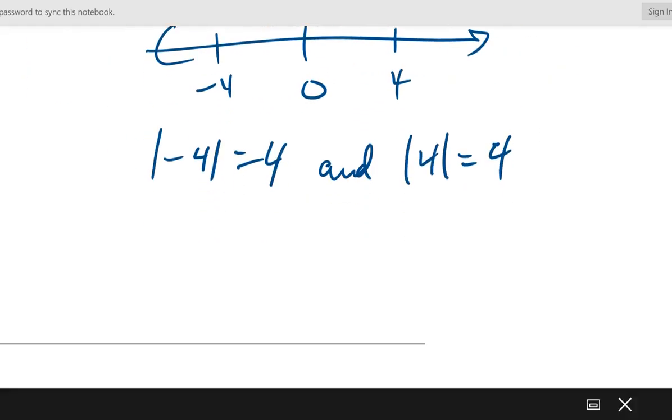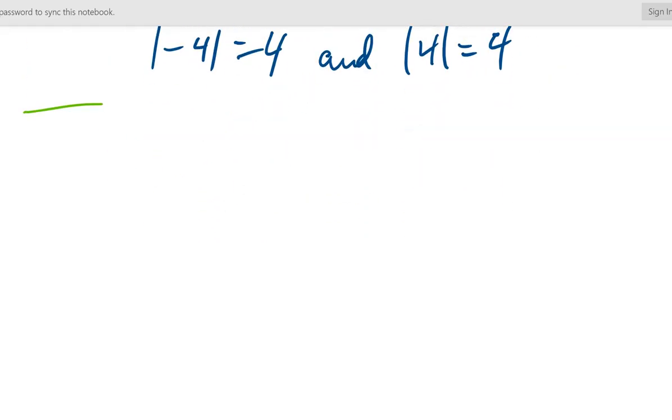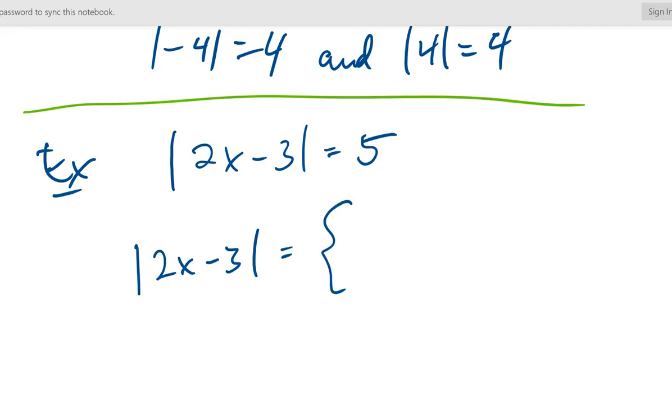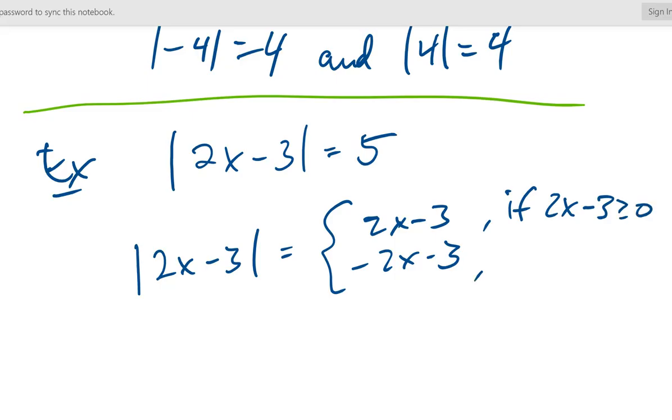Now, whenever you have an equation, for example, the absolute value of 2x minus 3 is equal to 5, this goes according to the definition as well. The absolute value of 2x minus 3 is equal to positive (2x minus 3) if 2x minus 3 is greater than or equal to 0, or it's equal to negative (2x minus 3) if 2x minus 3 is less than 0.